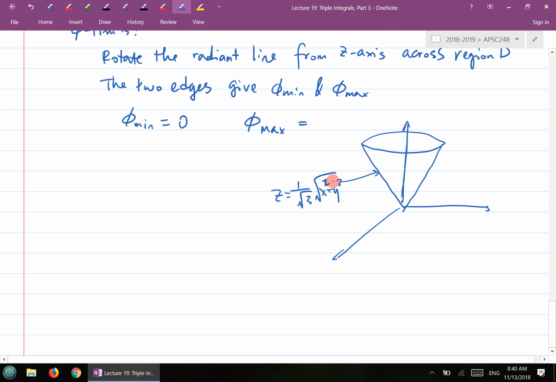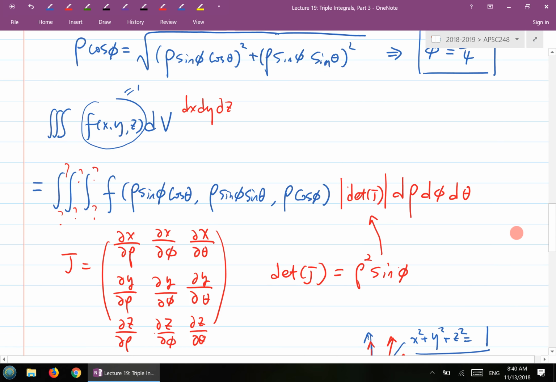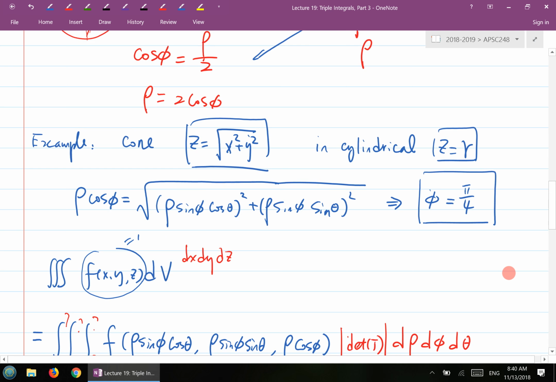Now one option is a little more straightforward, but it requires a little careful calculation, just like what we did in this example. You substitute x, y, z with the expression for the spherical coordinates. X is this, y is this, and z is this. Substitute everything and simplify. Find a solution. Like this, you get phi equal to pi over 4.